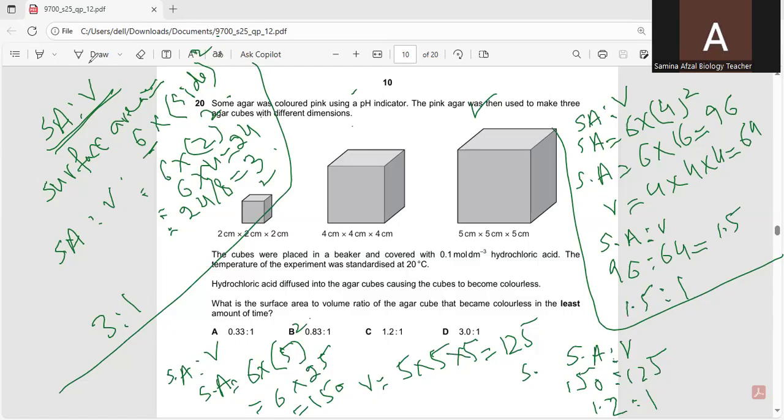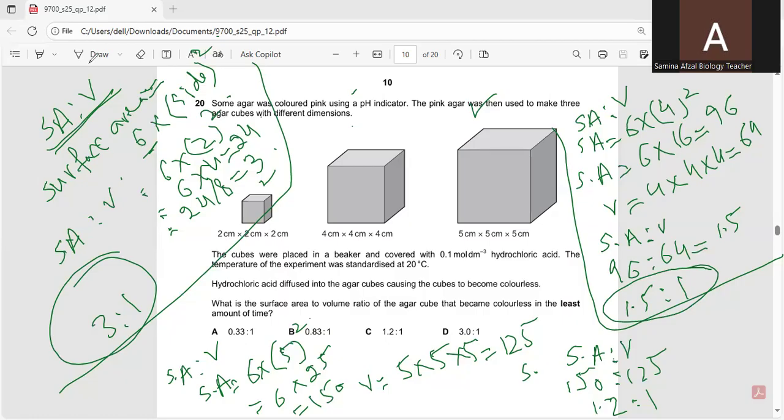If the surface area to volume ratio is high, then it will take less time. It will take the least amount of time to become colorless. So if we compare all of these, the highest ratio is this one, and after this, this one is second. As the size is increasing, the surface area to volume ratio is decreasing.